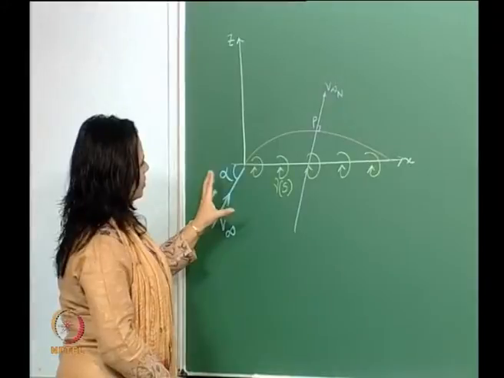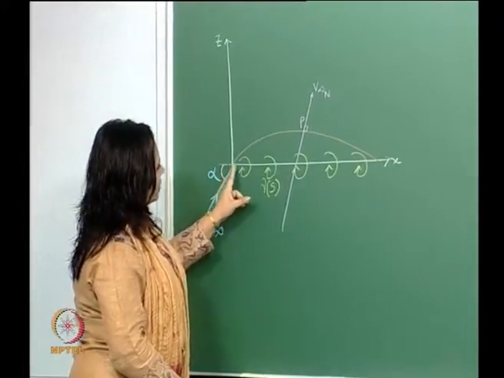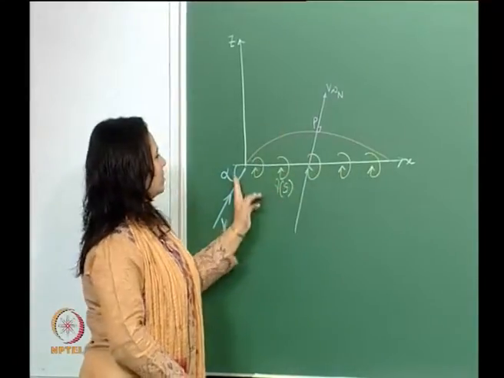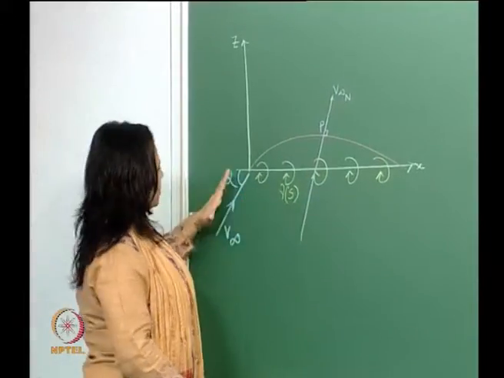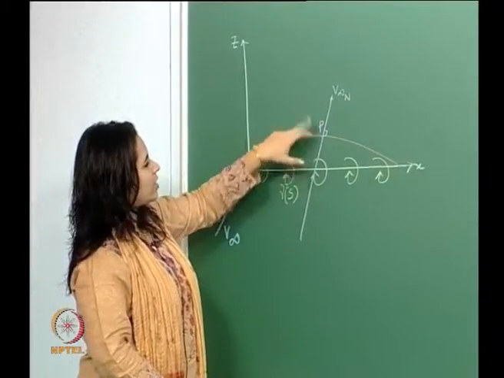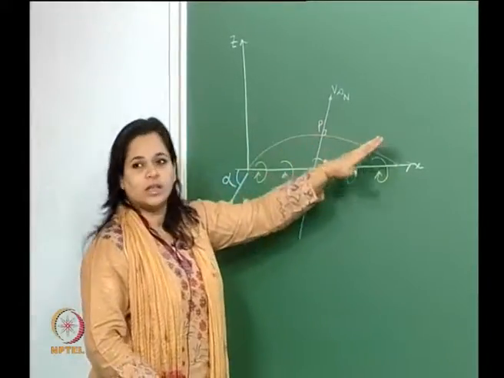So, the chord line is not the streamline, the streamline is still the camber line, which means I still have a flow which goes that way. Therefore, I need to calculate the zero normal boundary condition on the streamline.